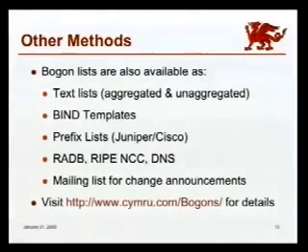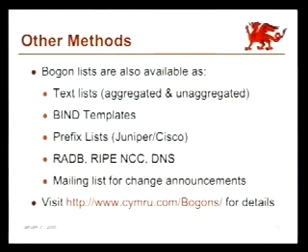So we have some other resources available for people to monitor Bogon lists. We maintain text lists, both aggregated and unaggregated, of current Bogons that are ideal for downloading and importing into your own scripts to build your own templates.